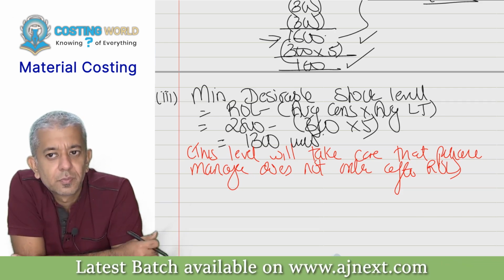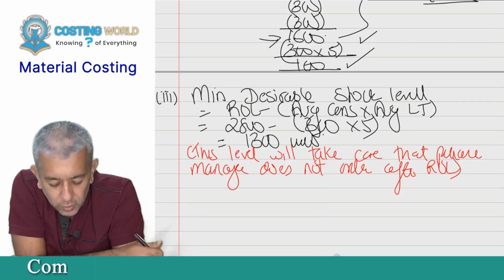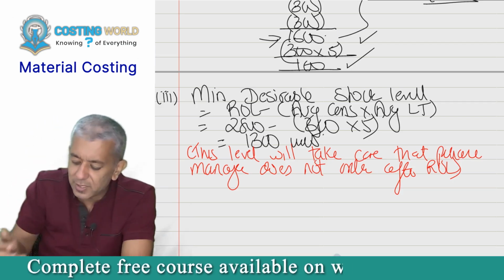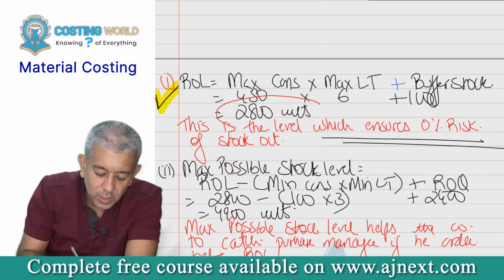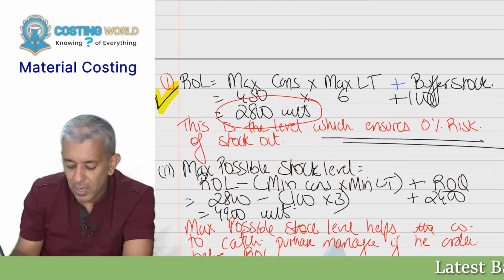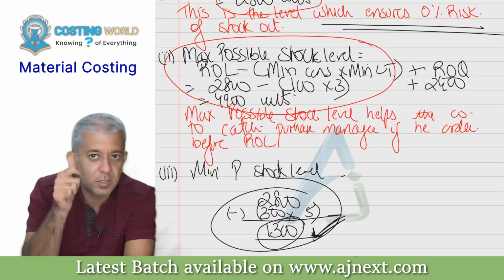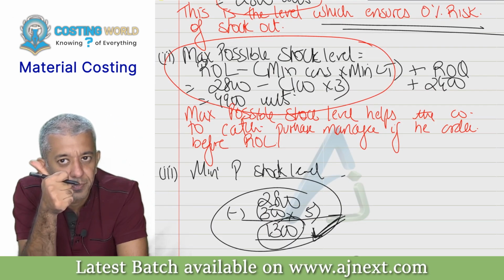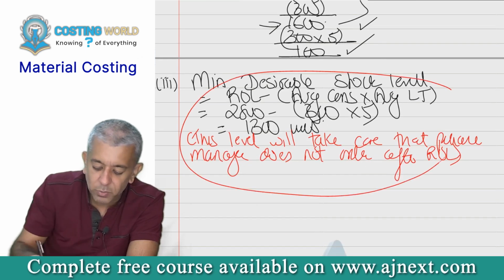Done? Yes, sir. Now see, together what I have tried to teach you is something that overall makes sense. I told my purchase manager, you order at 2,800. He says, okay. If he orders before reorder level, we will catch him through this. Is that understood? Yes. If he orders after reorder level, we will catch him through this.